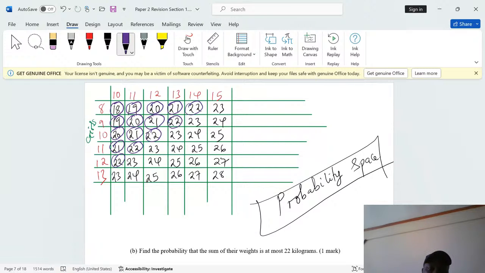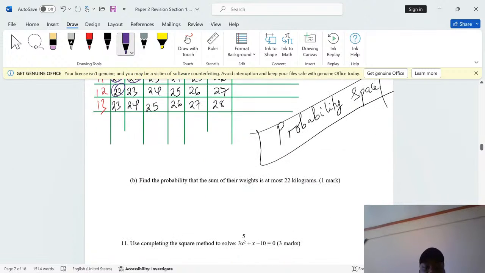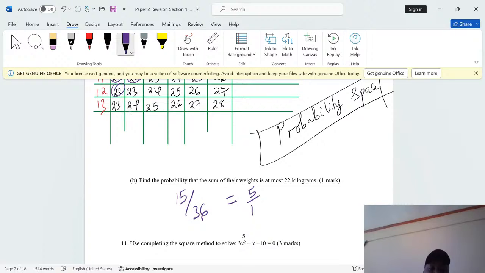Yeah, let me recount again. 1, 2, 3, 4, 5, 6, 7, 8, 9, 10, 11, 12, 13, 14, 15. 15 possible outcomes out of 36 possible outcomes. Therefore, dividing by 3, we can have 5 over 12. So this is the probability in the simplified form. So that is how we handle it.